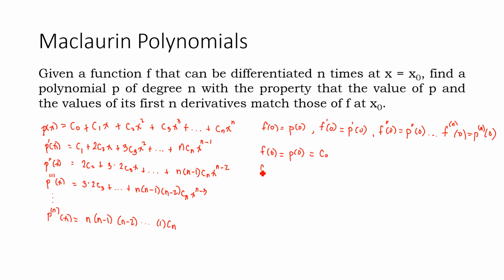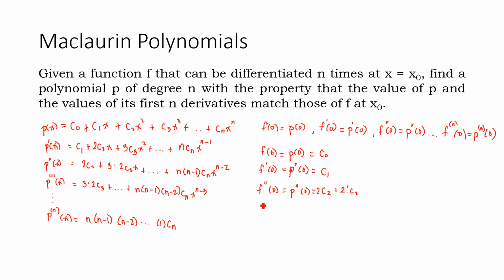And then the first derivative of f of 0 is equal to the first derivative of p of 0 is equal to our c sub 1. Our second derivative of f of 0 is equal to the second derivative of p of 0, which is equal to 2 c sub 2, which is equal to 2 factorial c sub 2.